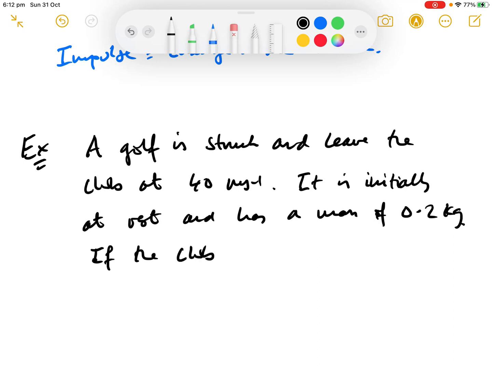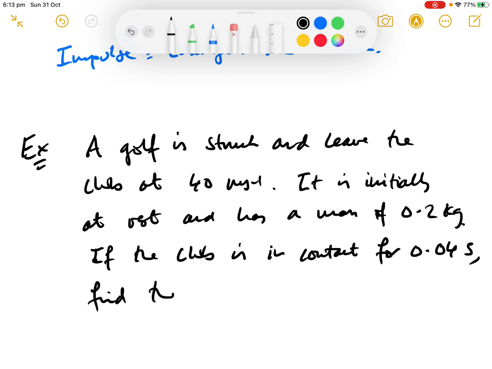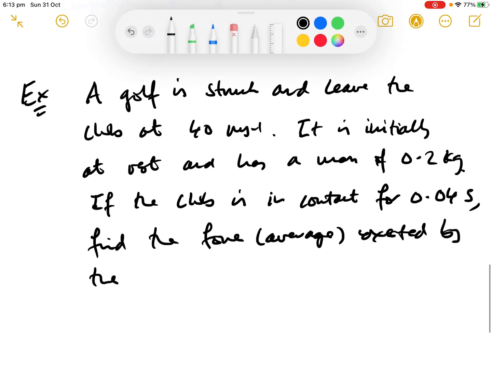If the club is in contact for 0.04 seconds, find the force, that's the average force, exerted by the club on the ball.